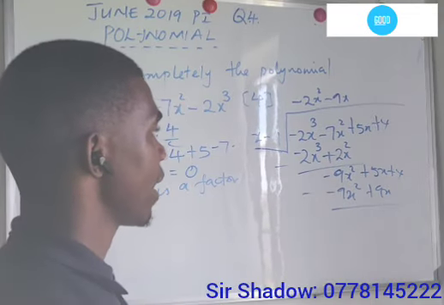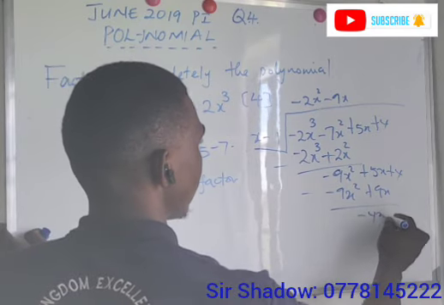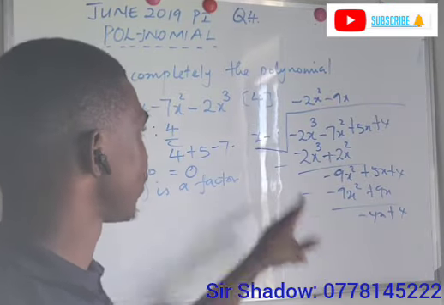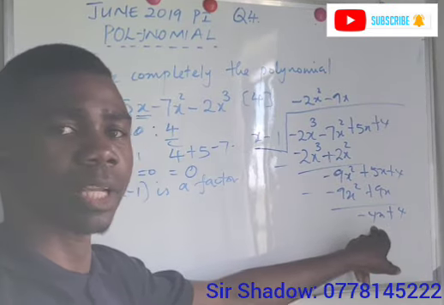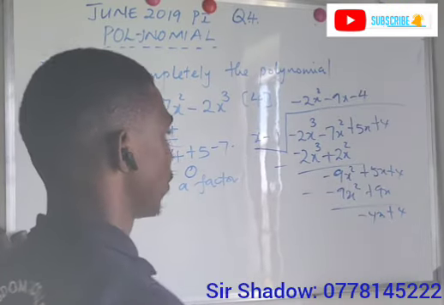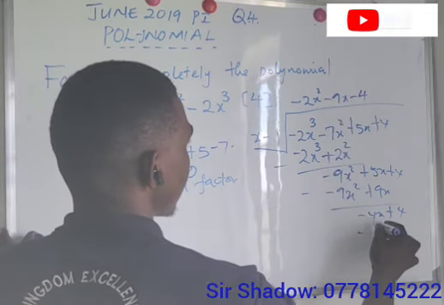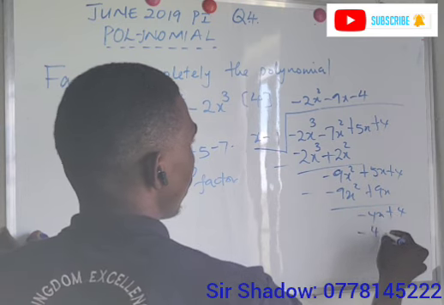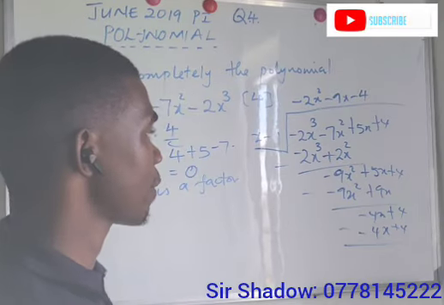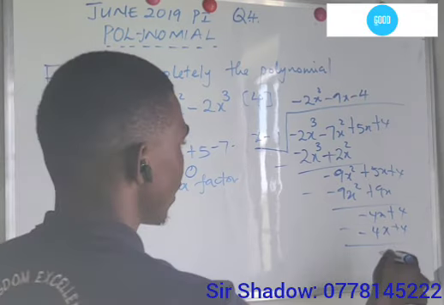Subtracting, this becomes 0. Then 5 minus 9 is minus 4x, plus 4. Now x into minus 4x plus 4 gives minus 4. Multiplying, we get minus 4x plus 4. Subtracting, minus 4x minus 4x is 0, and 4 minus 4 is 0. The remainder now is 0.